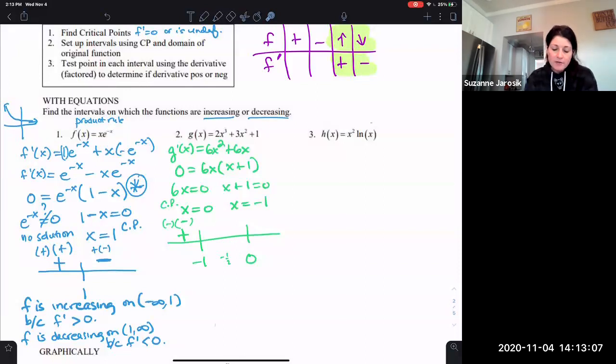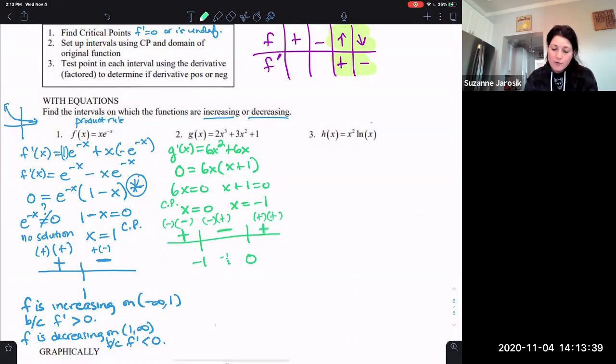So -0.5 is negative, and then -0.5 plus 1 is positive, which means I am now negative overall. And when I'm larger than 0, whether it's 1, 500, or 5 million, when I plug in, this would be positive, so positive overall.